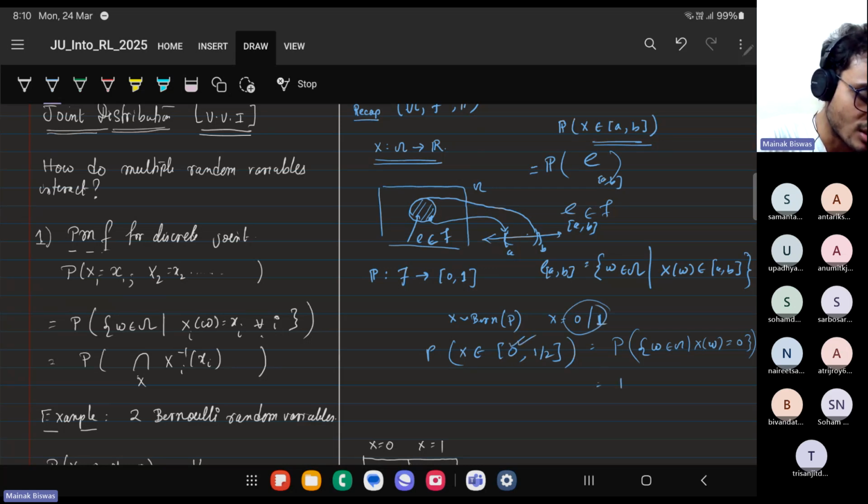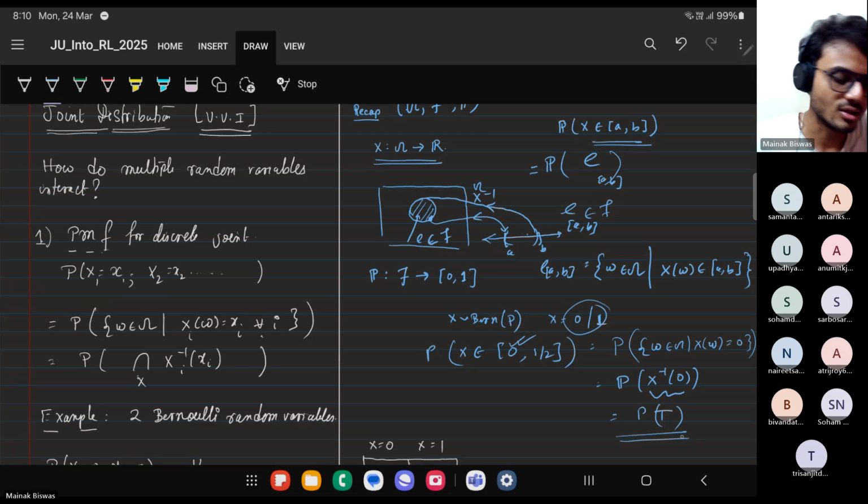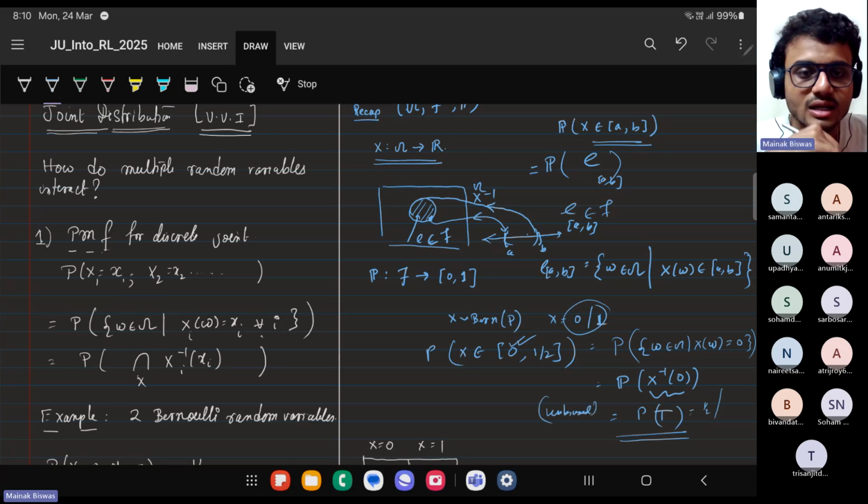So this is just going to be x inverse of 0. X inverse of 0, this is the inverse map, recall. So x inverse of 0 is the tail, right? If it was a coin toss, then it can be half or whatever, if it is for an unbiased coin. So this is a recap of whatever we had done till now.